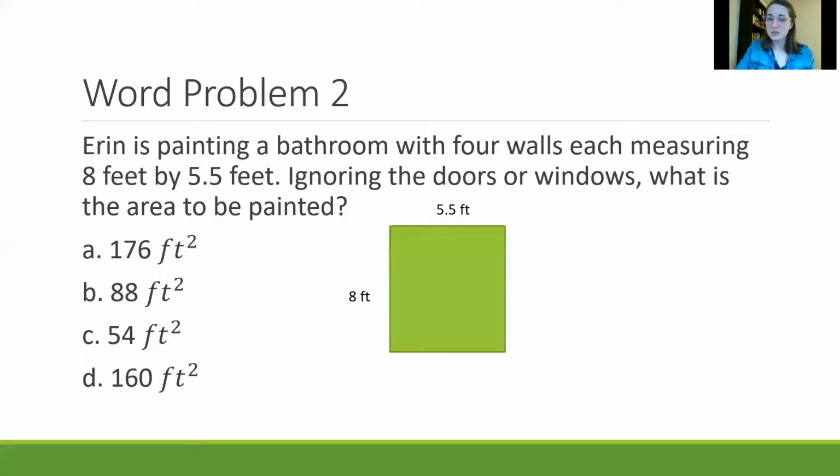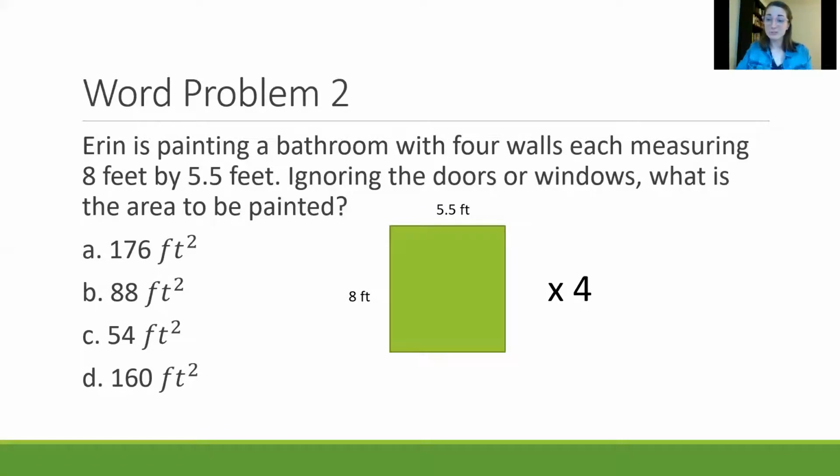So again, I'm going to draw it out. I'm going to imagine the wall 8 feet by 5.5 feet, and that way I can figure out what the area of that wall is. Now, it's not just that though. I also need to do that times 4 because we have 4 total walls that are that same area. So here, we're going to do 8 times 5.5 because that will get the area of 1 wall.